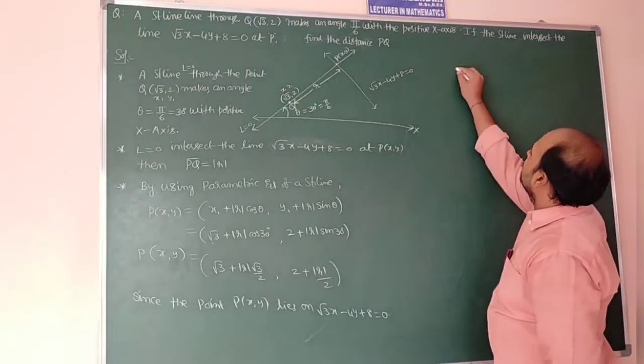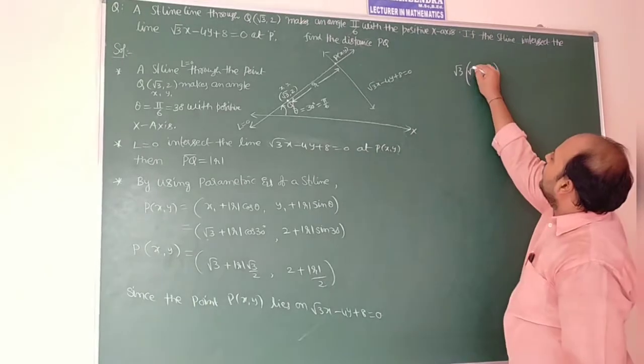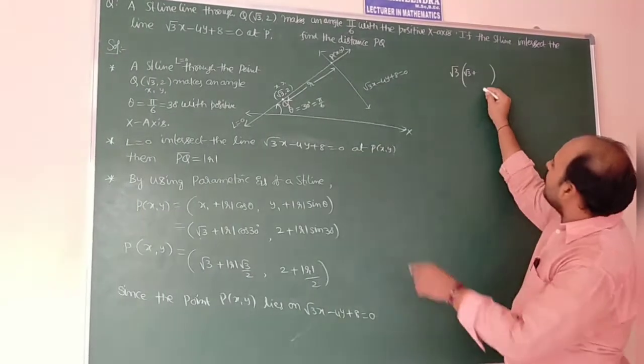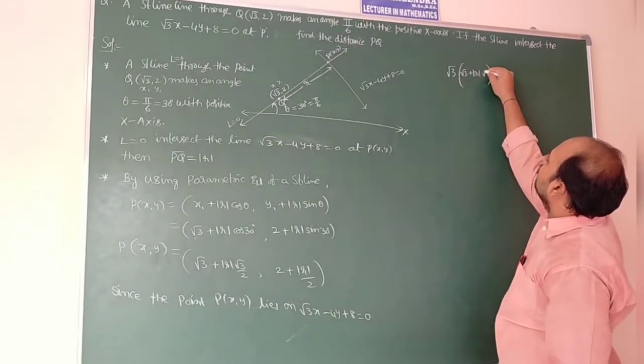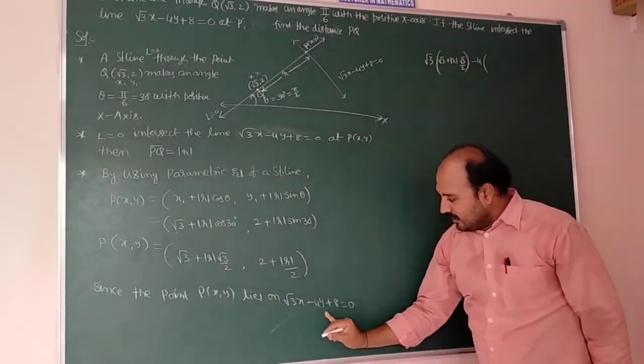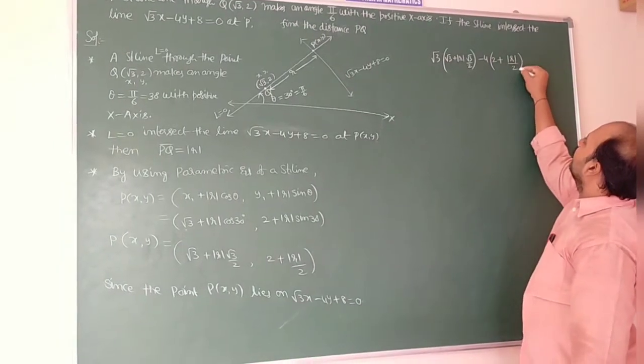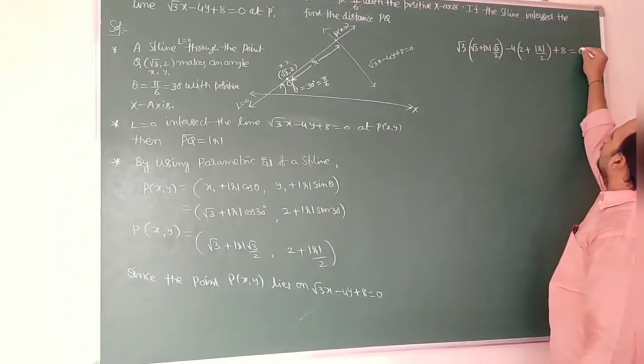So root 3 into, in place of x, root 3 plus mod r into root 3 by 2, minus 4 into, y means this value, 2 plus mod r divided by 2, plus 8 equal to 0.